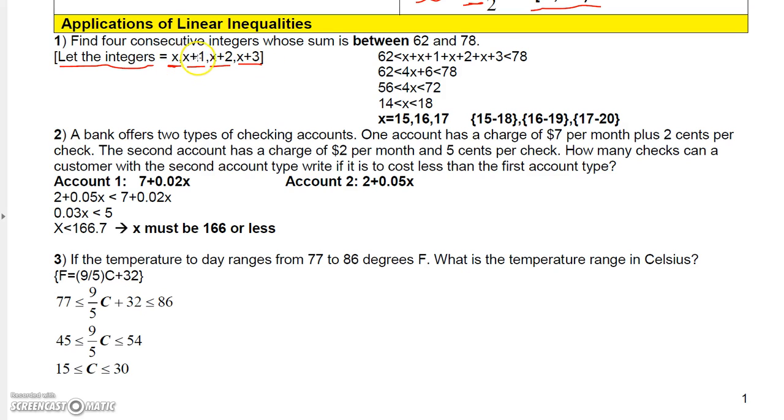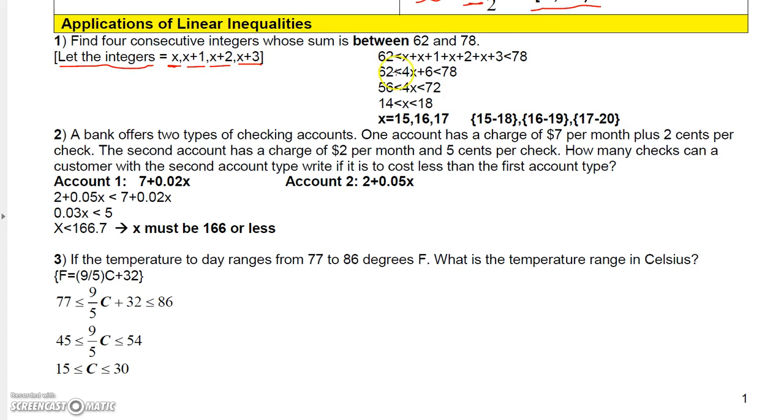So these would be the 4 integers, x, x plus 1, x plus 2, x plus 3. If x was 3, then this would be 4, this would be 5, this would be 6. And so that's how you show consecutive integers.